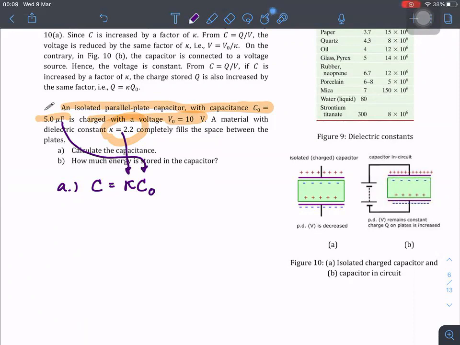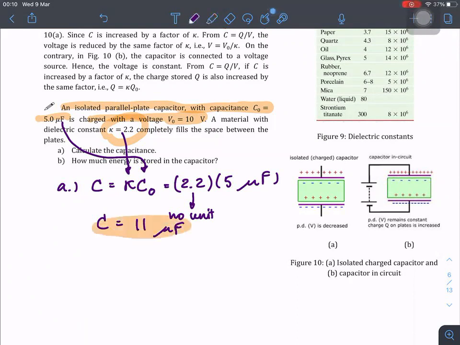So here it is just the number 2.2 with no unit, times C0 of 5 microfarad. So you have C of 11 microfarad.